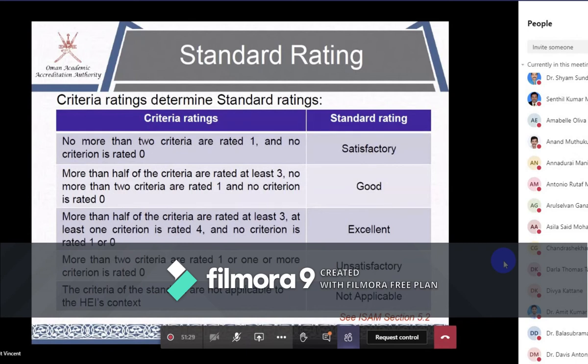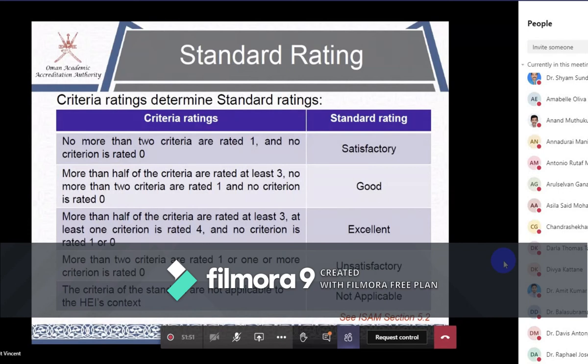No more than 2 criteria can be rated 1, that is partially met, and no criteria is rated 0. So no zeros and at most two 1s will give you a satisfactory rating for that particular standard.